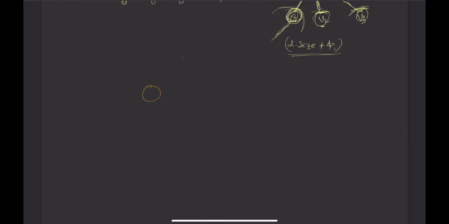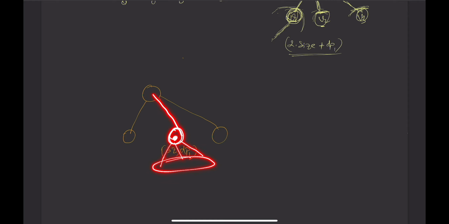So this node, this node, this node, this node, I'm saying it has size and dp1, right? So I'm saying dp1 means, okay, everything here, whatever the value was.